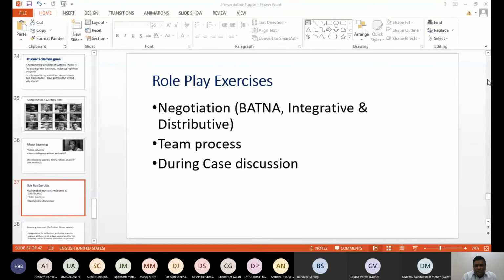The role play exercise is simple. I am going to divide the class into four groups: Premier Auto Parts, one group; Auto Links. They are the suppliers, the component suppliers. And another two groups, Tata Motors and Mahindra. These guys procure the spare parts from the suppliers, like Premier Auto Parts and Auto Links.